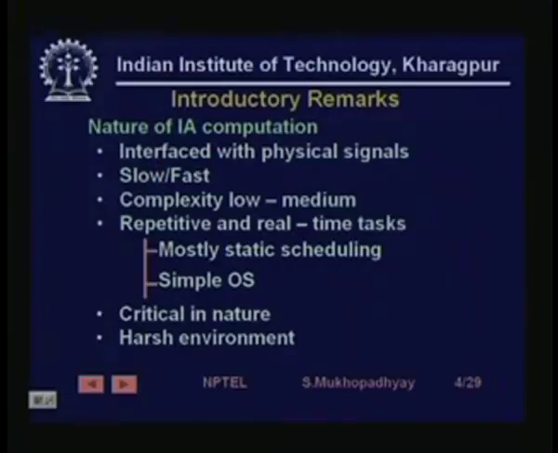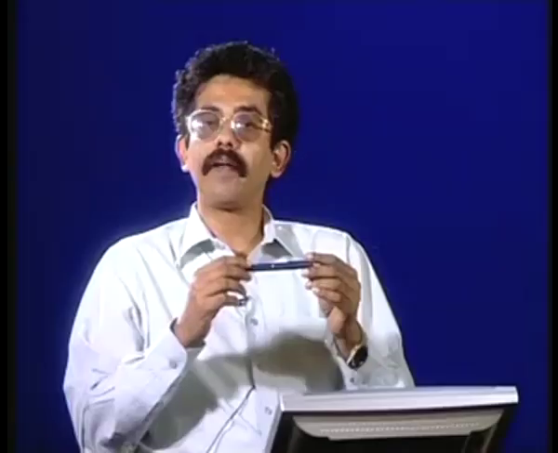Lastly, it often happens that these computational tasks have to be performed in very harsh physical environments having a lot of dust, heat, moisture, vibrations and such things. So the hardware has to be such that it is not affected by these.